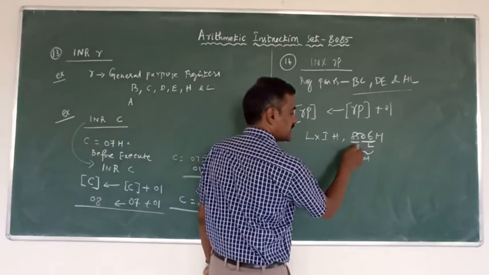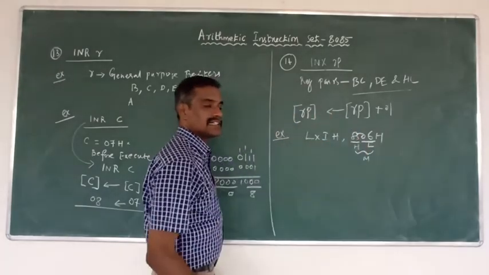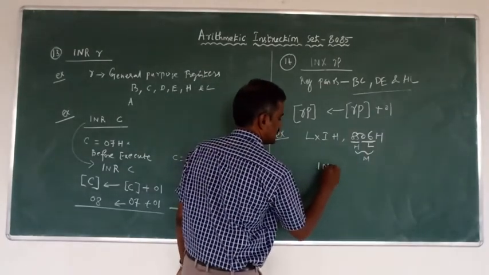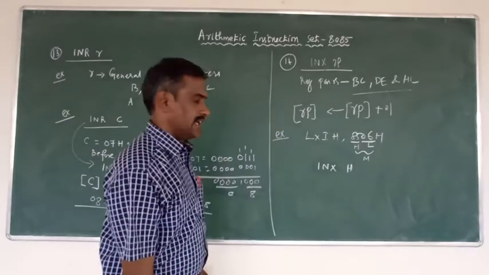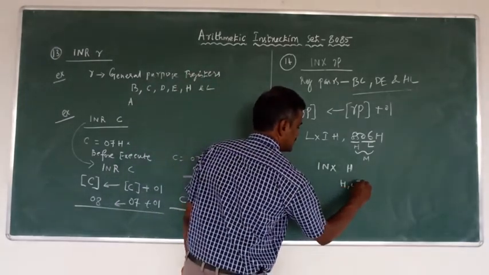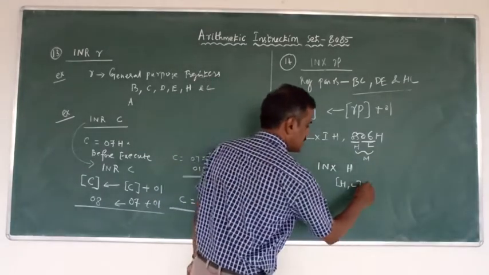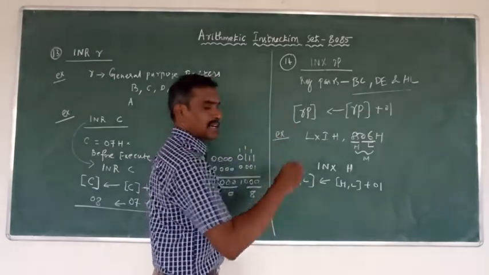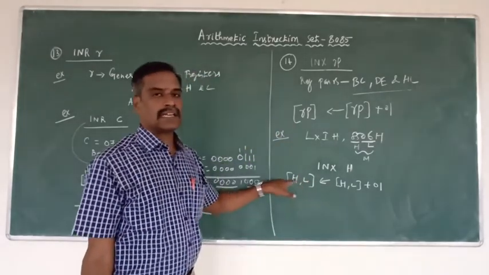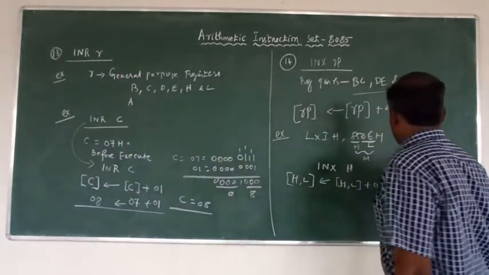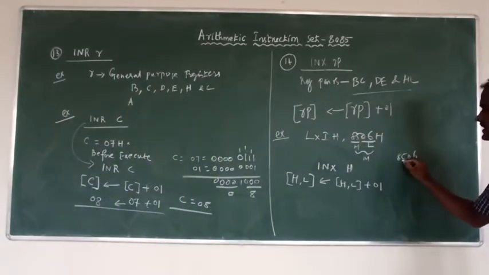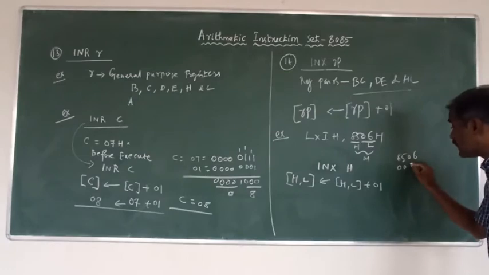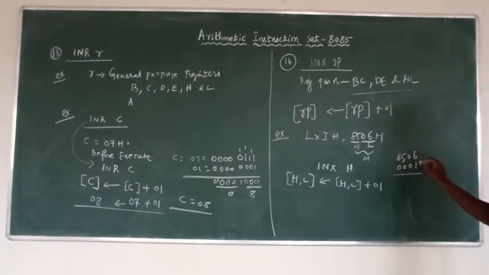To increment the HL register pair content single time, we can use INX H. INX H increments the HL register pair content single time and moves the result to the given register pair, here HL. We add 01 to the lower byte.